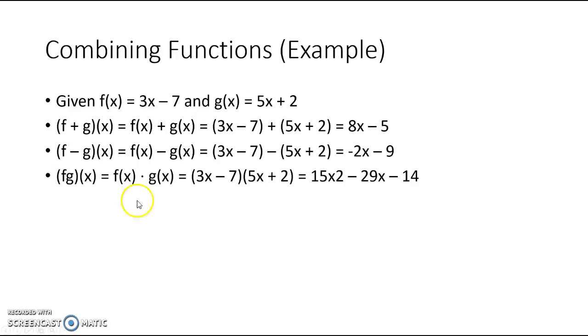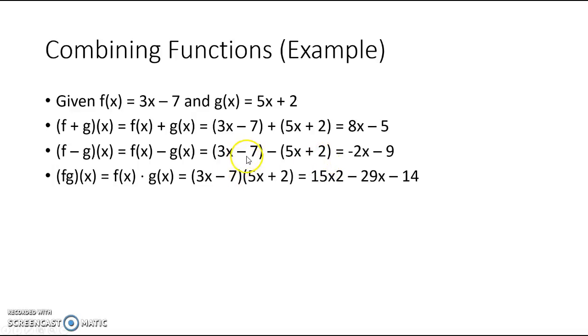Then we have f times g of x. So we'll take the f of x and the g of x and simply multiply it out. So we'll have 3x times 5x, which will give us a 15x squared. Then we take 3x times 2, which will give us a 6x.